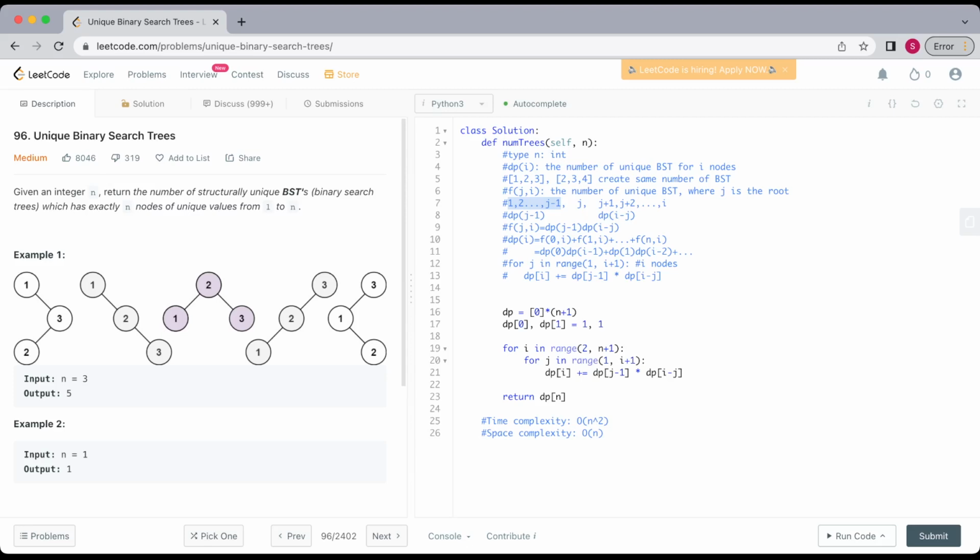Then we will have dp[j minus 1] number of unique binary search trees for j minus 1 nodes.